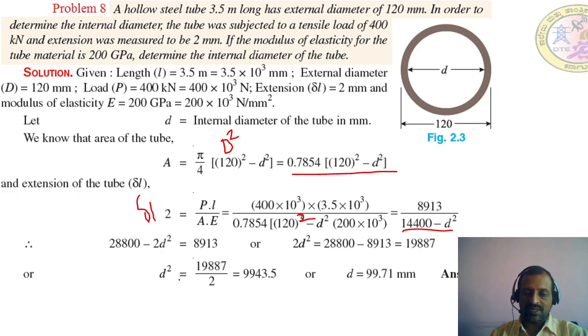So small d square is equal to 19,887 divided by 2, that is equal to 9,943.5, or small d is equal to 99.71 mm. So this is the value required. This is the internal diameter of the tube in mm.